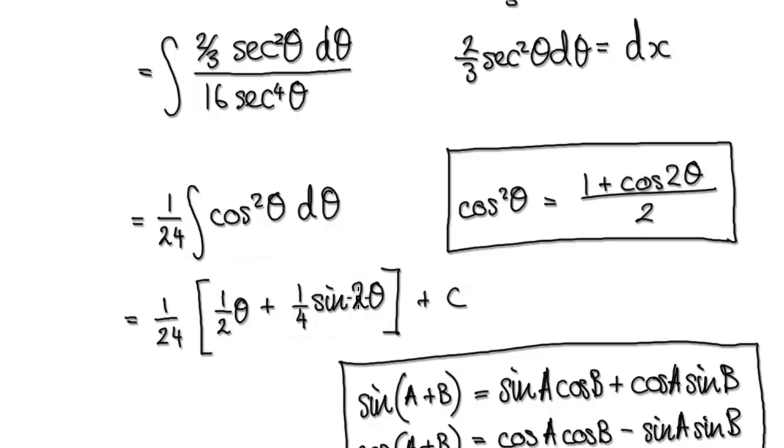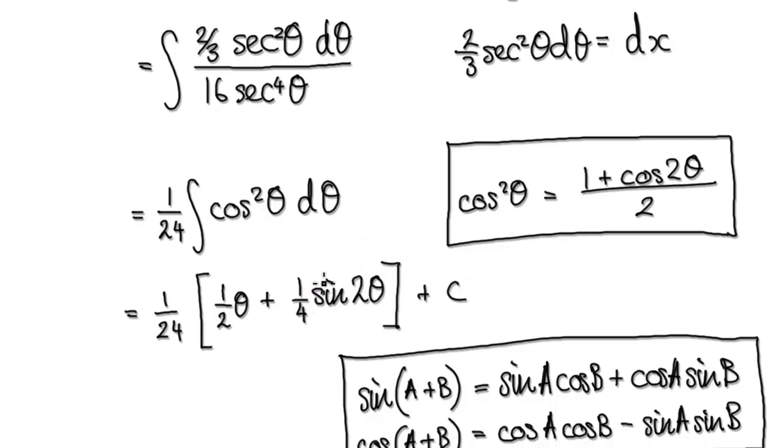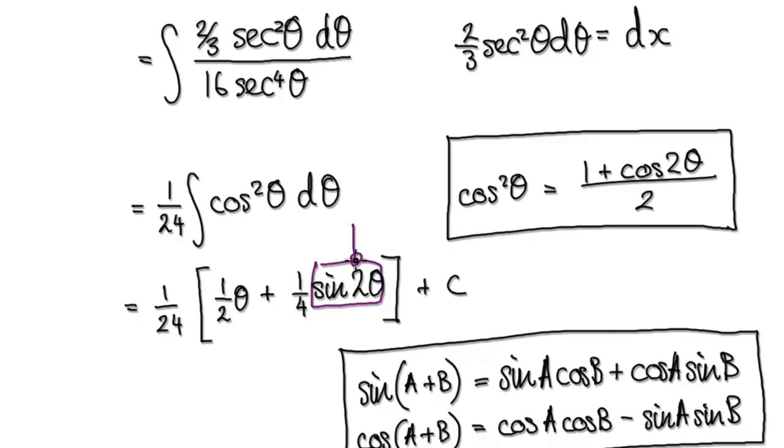But then later on, we need to translate sine theta. When you have a double angle in here, it's hard to translate. So we want to take care of this double angle thing here. So make use of this.